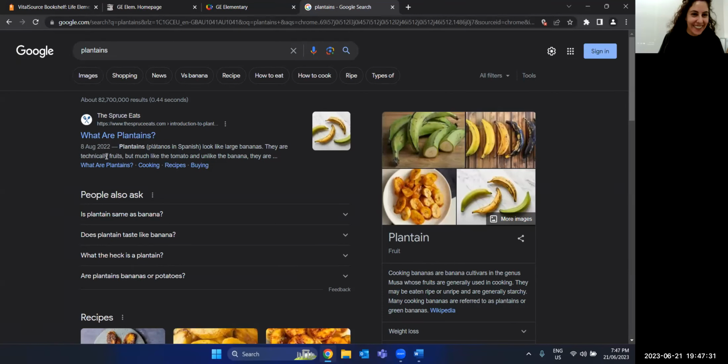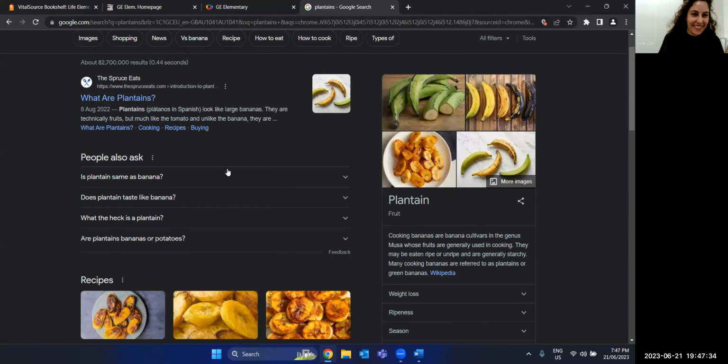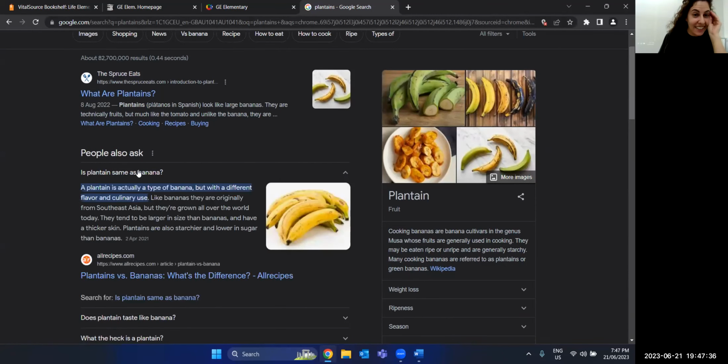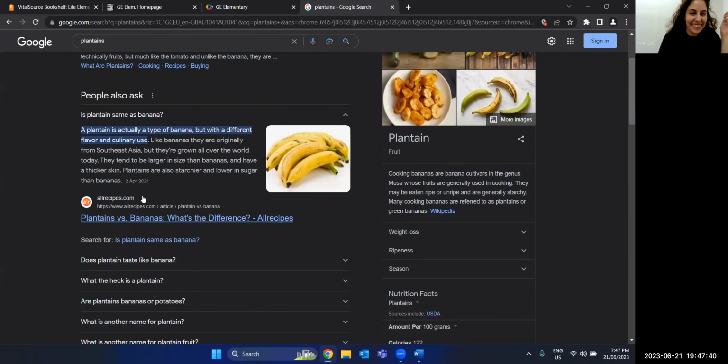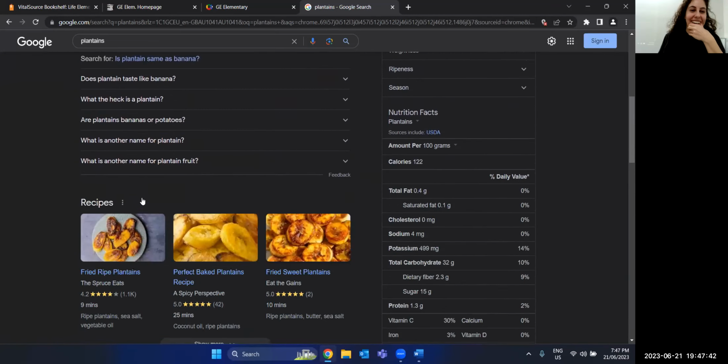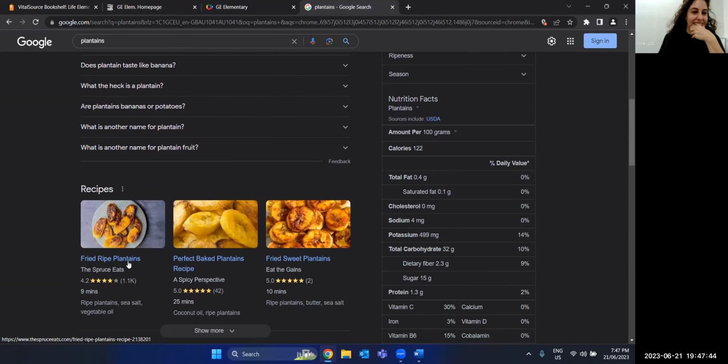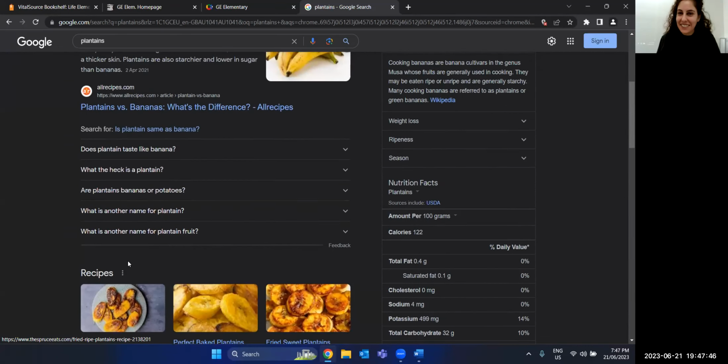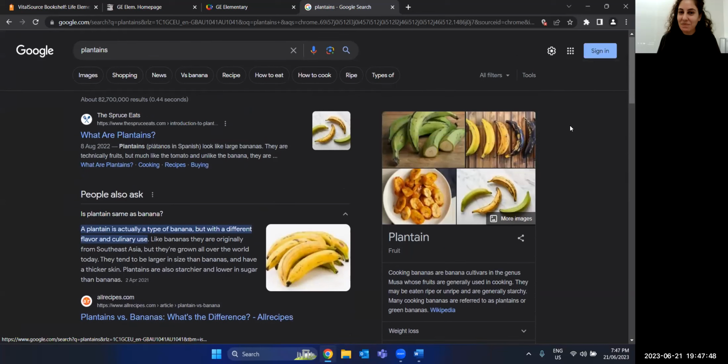No? Is it same as banana? It's a type of banana, but it has a different flavor. Oh, I didn't know they make empanadas with this. Okay, that's a new ingredient for me.